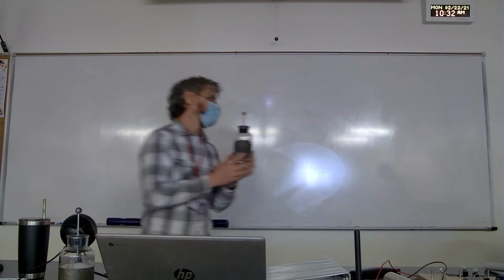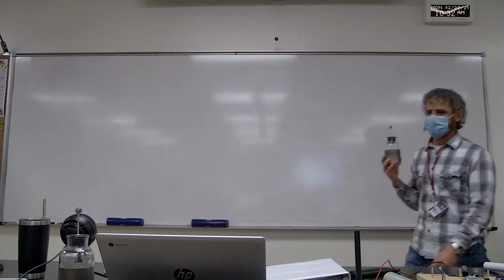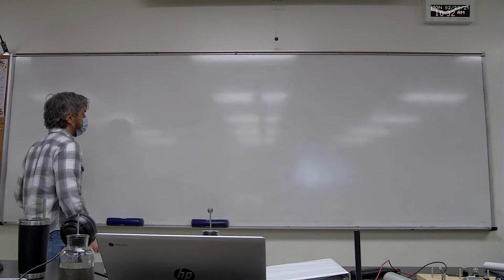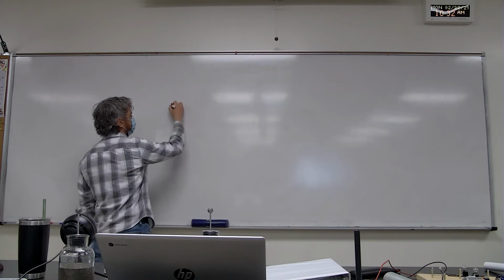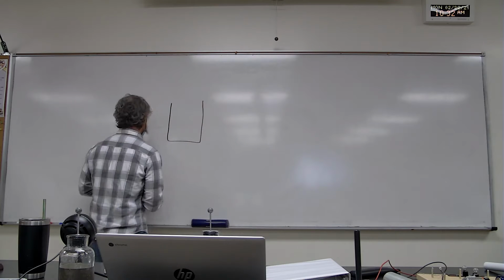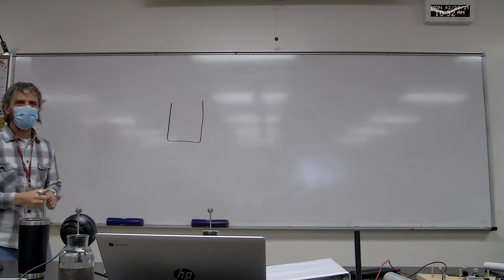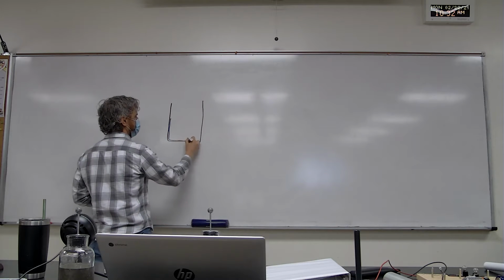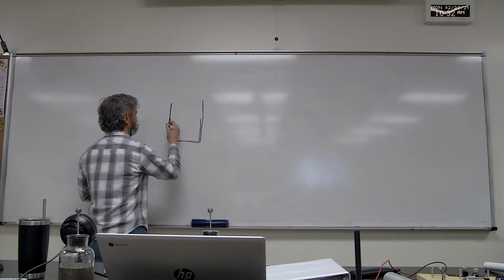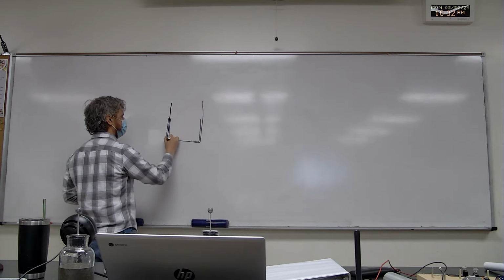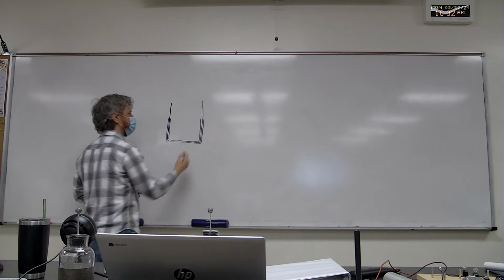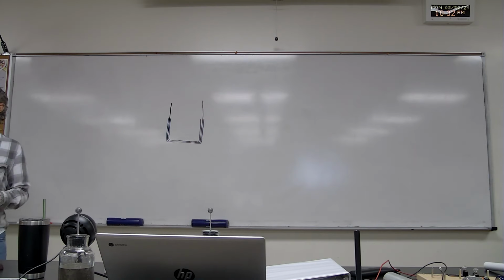So this is a Leyden jar, named after the place that it was actually first conceived. I think it was in England, I don't know, somewhere. But all it is is a jar, hence the name, that has a metallic coat of paint on the inside, and then another metallic coat of paint on the outside. So essentially you have two conductors that are then separated.